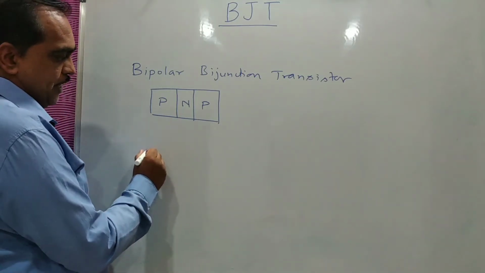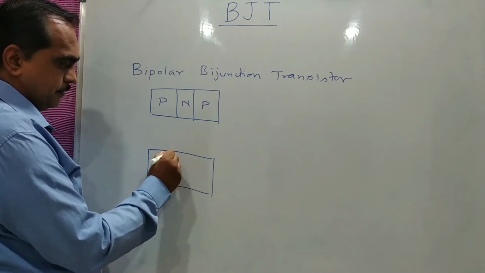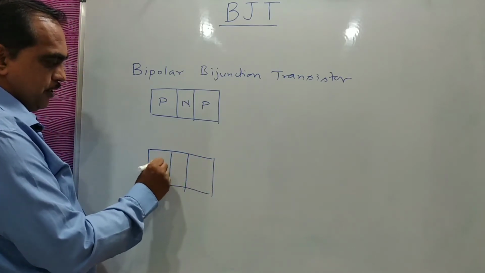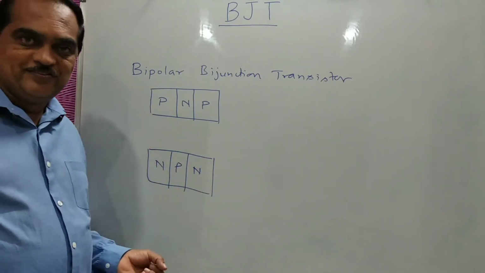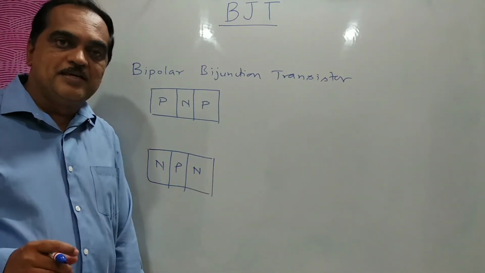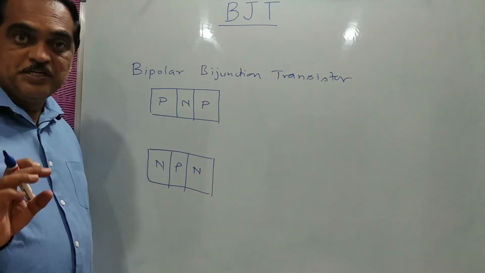Or the other way around, NPN. These two arrangements you can make in a bipolar junction transistor, BJT.